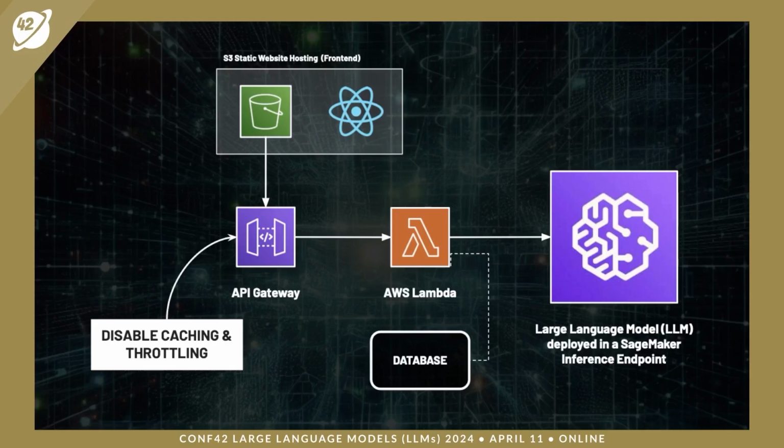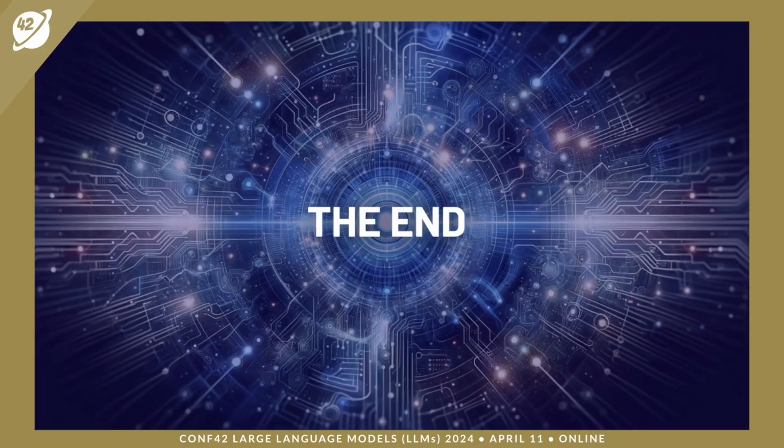And of course, throttling as well. Throttling prevents a vulnerability scanner from completing all the different scenarios. When you're trying to run 1,000 or 10,000 scenarios, if your API gateway throttles the requests, then you won't be able to fully run. So those are some of the best practices and tips when building and testing your LLM vulnerability scanner.